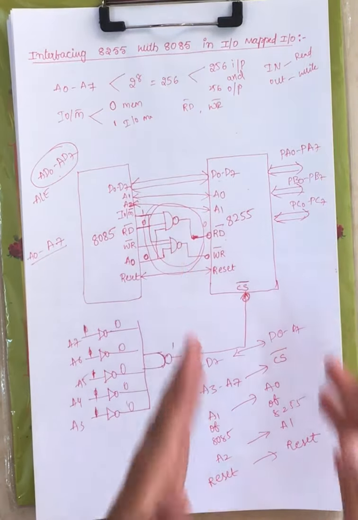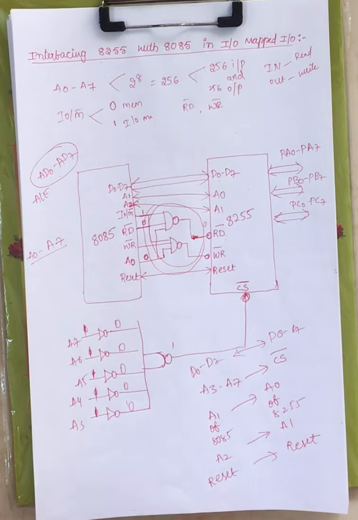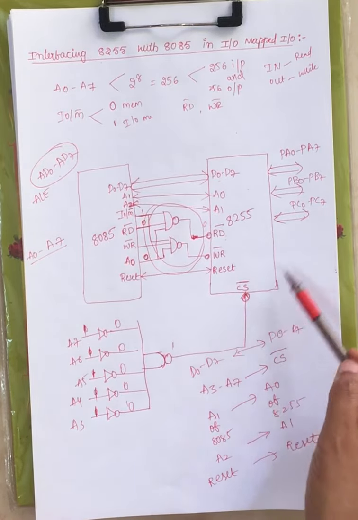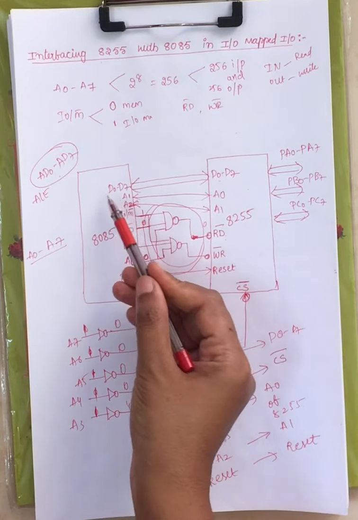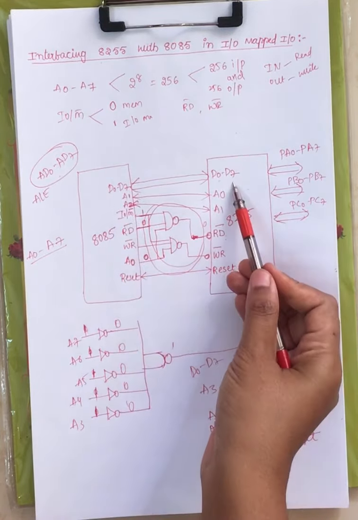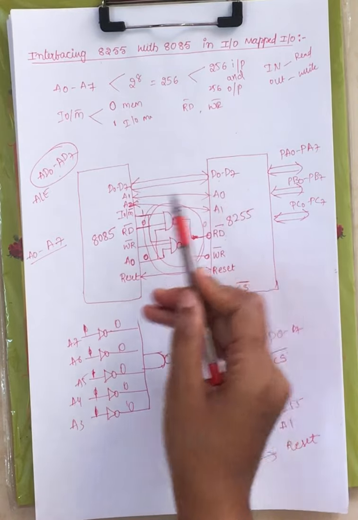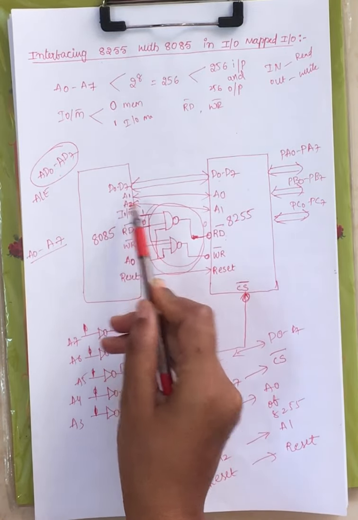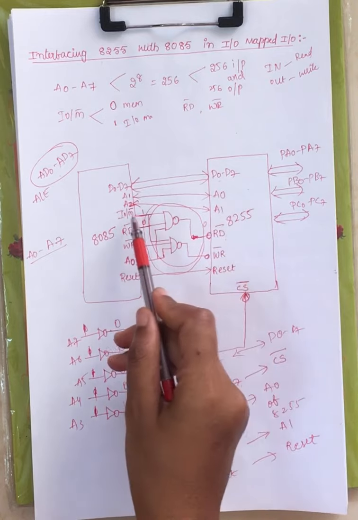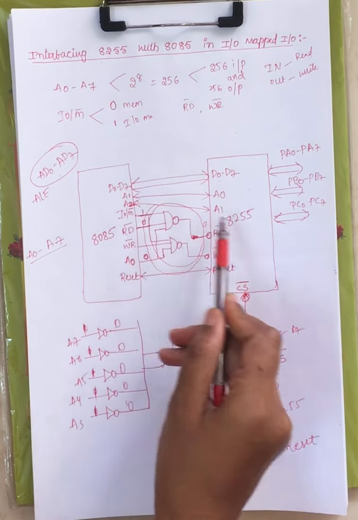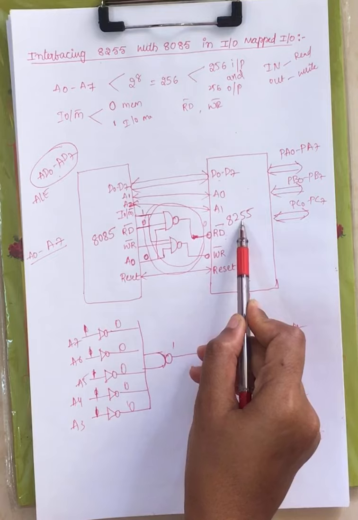Now let me briefly explain again. First you have to represent the total pins of 8255. Under 8085, the pins that are required for interfacing, those pins only I am representing here. No need to represent everything, right? After representing all pins of 8255, the data bus of 8085 is connected to the data bus of 8255, and A1 of 8085 is connected to A0 of 8255, and A2 of 8085 is connected to A1 of 8255, right?